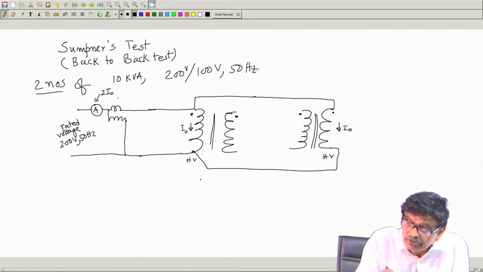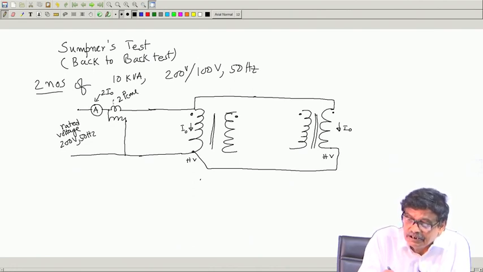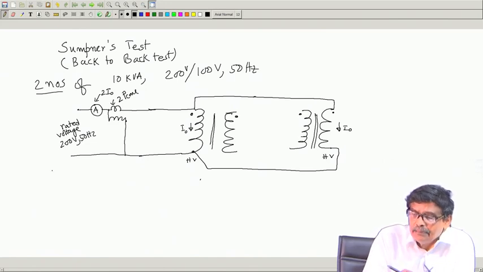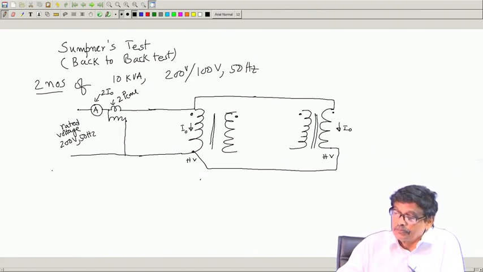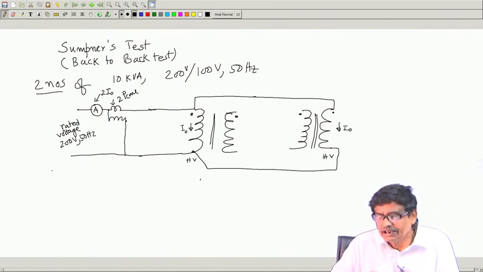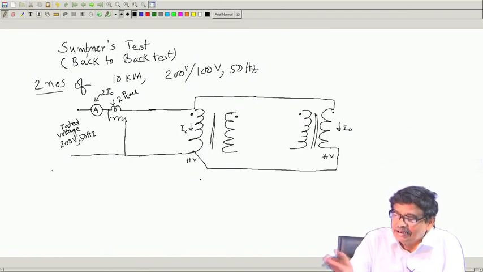Therefore, it will also read 2 times the core loss, and the ammeter will read 2 times the no load current. Now, as I told you, that is all. It is almost like an open circuit test, is it not, secondaries are open.